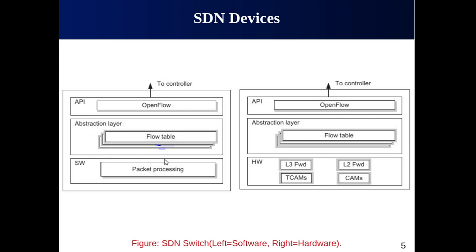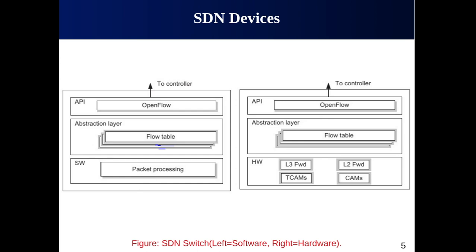Flow tables consist of a number of flow entries, sometimes prioritized. Each entry typically consists of two components: the match field and the action to be performed. Match fields are used to compare the incoming packets.